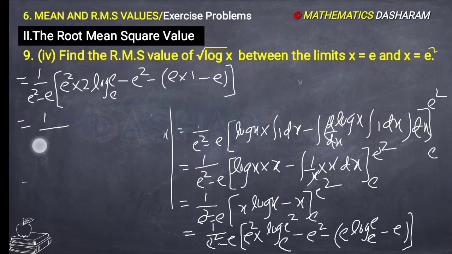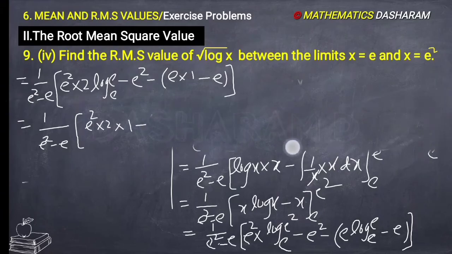So it is equal to 1 by e square minus e, here e square into 2 into log e base e, answer 1, minus e square minus e, minus of minus plus e. Minus e plus e cancel.